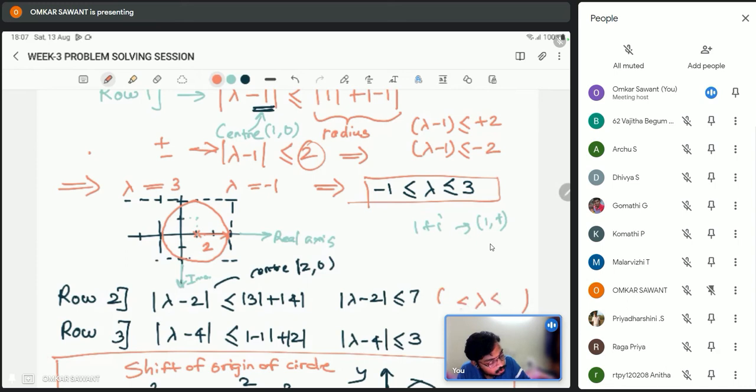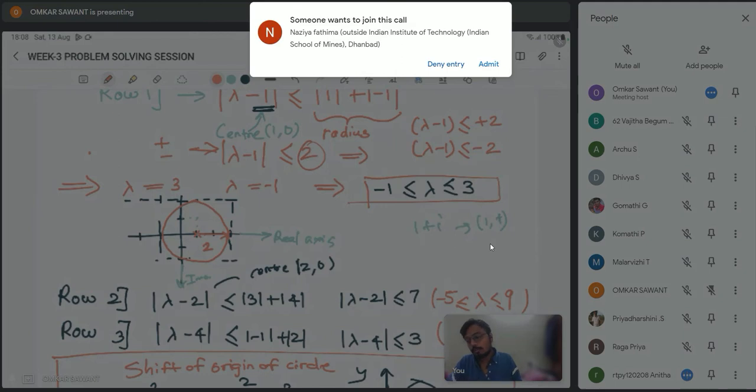In which values will it lie? Minus 5 less than or equal to lambda less than or equal to 9. Minus 5 to 9, correct? And for row 3: 1 less than or equal to lambda less than or equal to 7. It lies between 1 and 7.